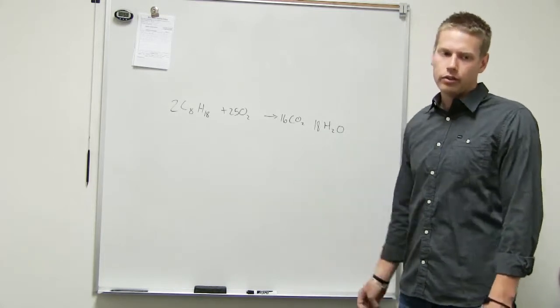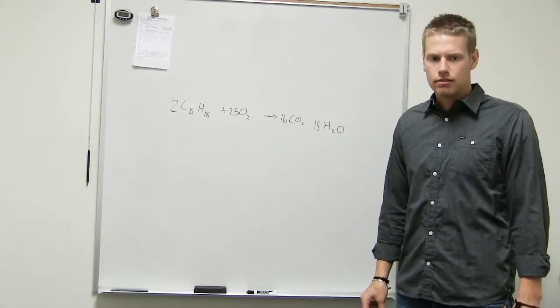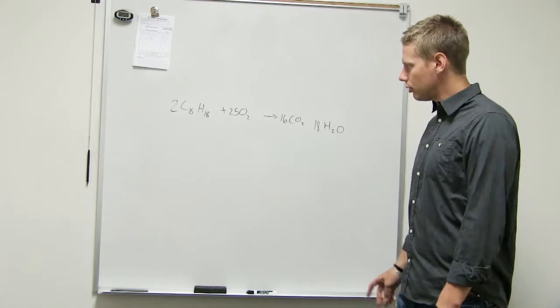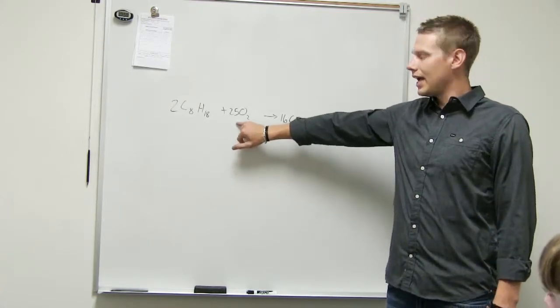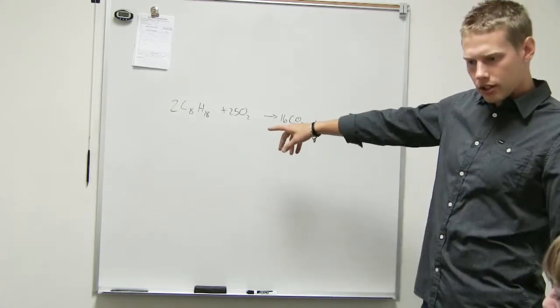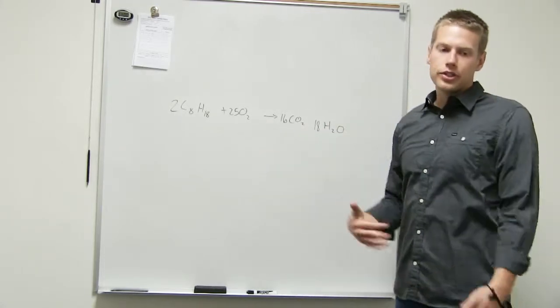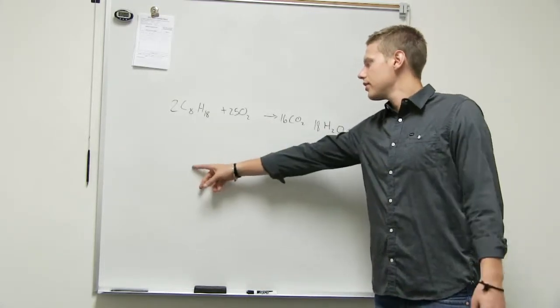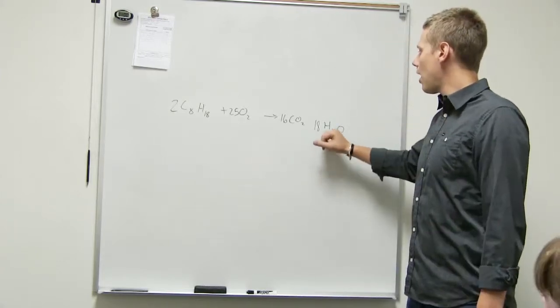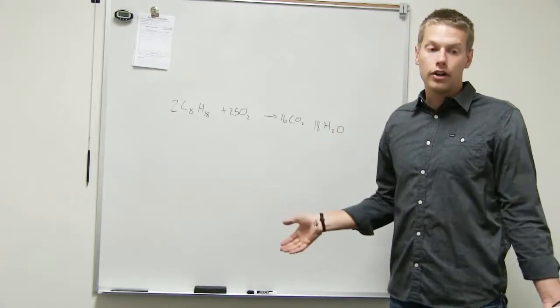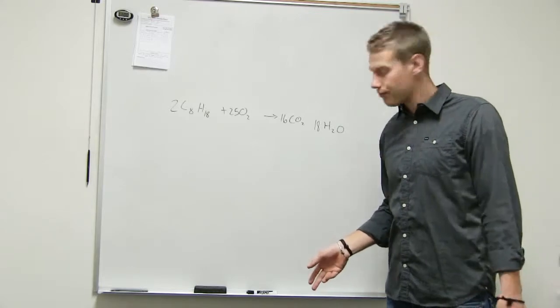Does that make sense? Okay. And so what we gotta do is, we're given 8 grams of oxygen, and we have to use our stoichiometry skills to find out how many grams of water that can make.